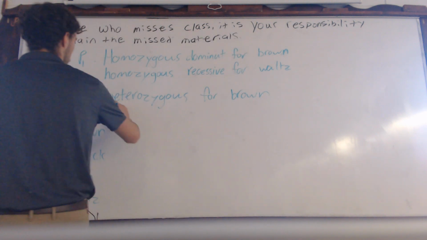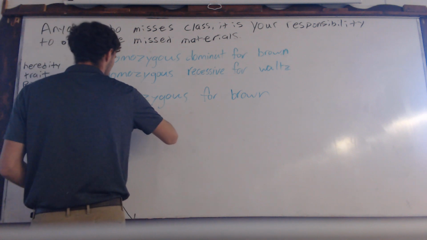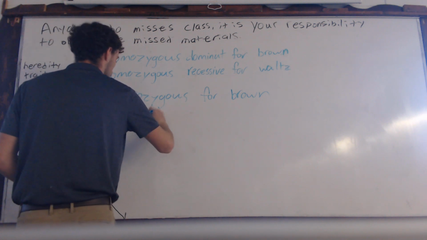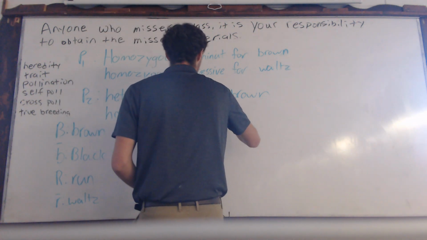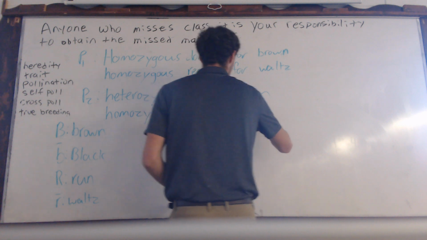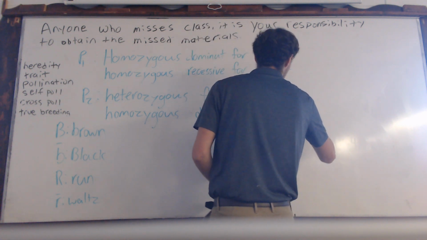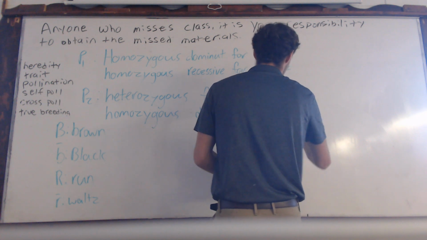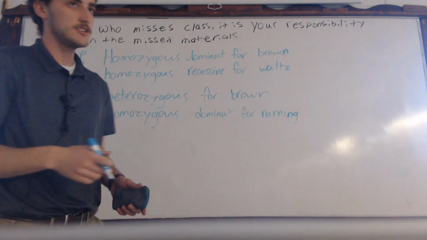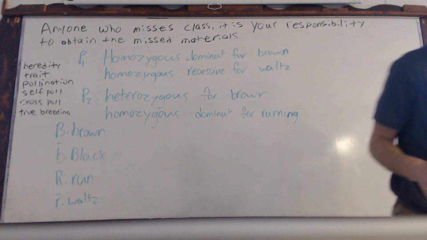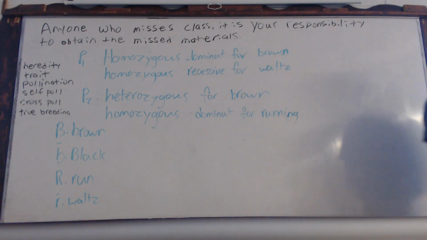And then let's go homozygous for running, spelled it wrong. Okay. We're going to do both phenotypic and genotypic ratios on this. Do you want me to give you a minute to work it out and then come back?